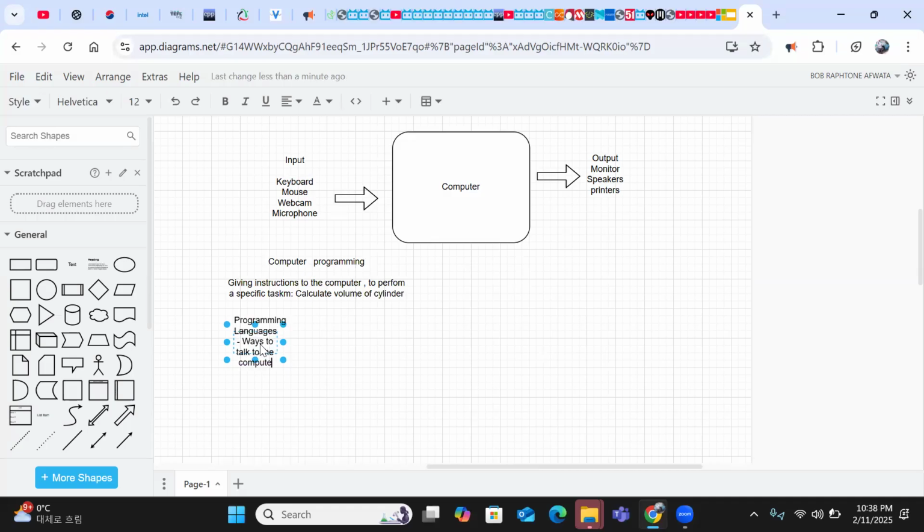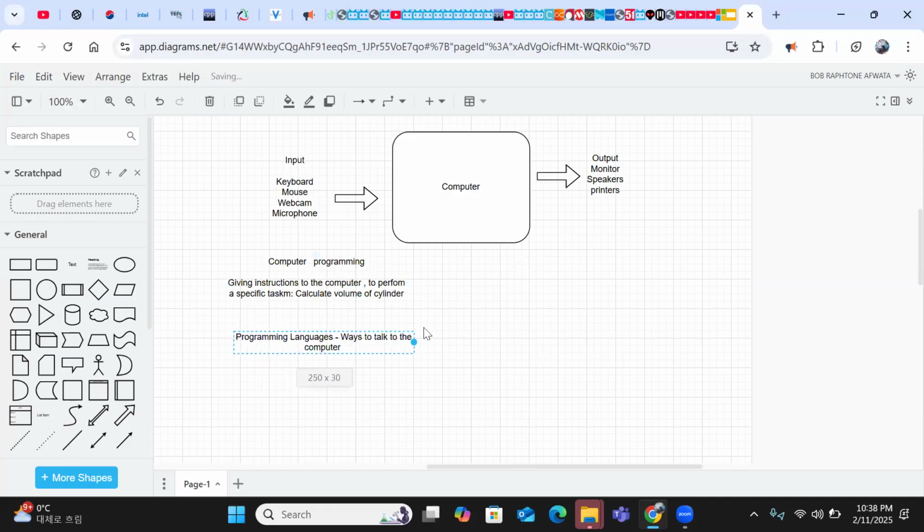If you want to give it a specific task, or you want to tell it to do something, you use a programming language. For example, right now we are talking in English. If I speak English, you understand English, you are able to respond to me. Similarly, the computer.